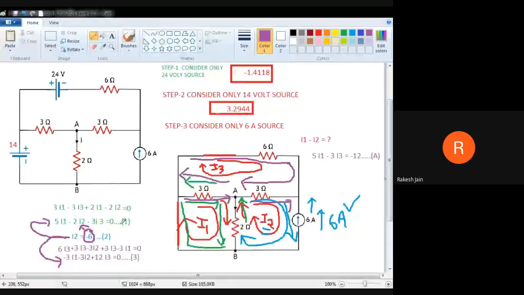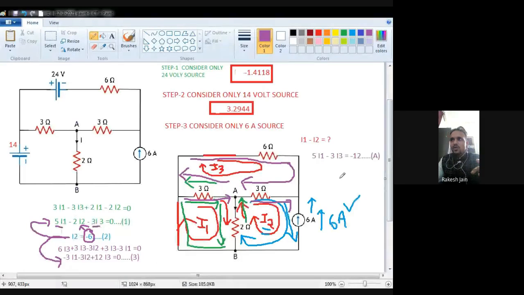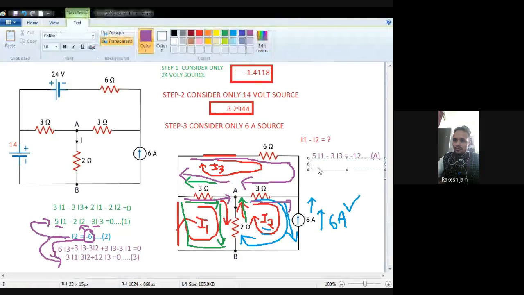No need to write the second mesh equation. For the third mesh, I start from here. 6 I3 is there. Only one resistance is there, so 6 I3. Then I pass through this 3 ohm from right to left, so my current is I3, so I write it with positive.